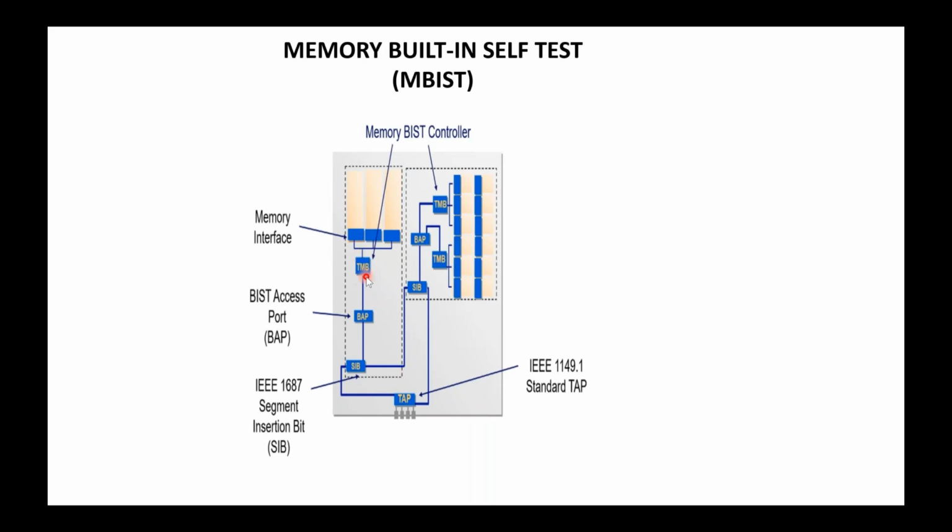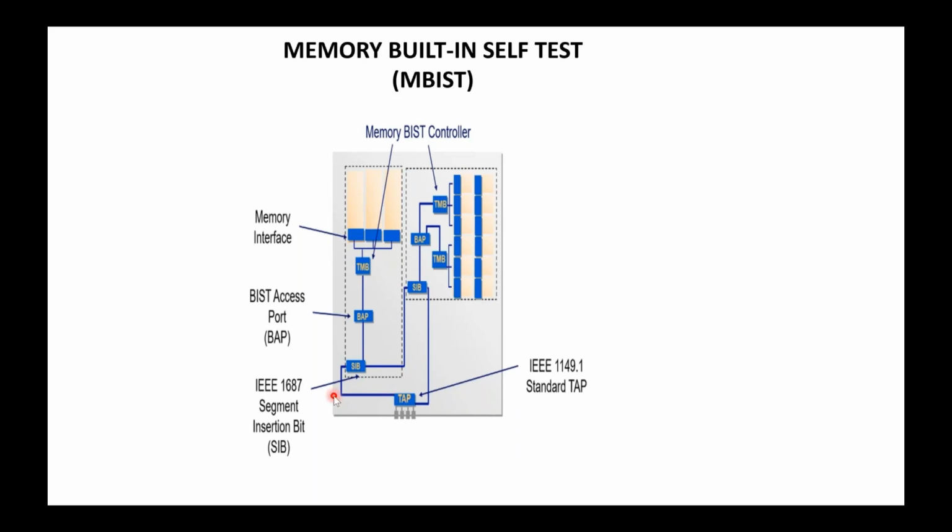This Memory BIST Controller is in turn controlled by the BAP. BAP is the BIST access port. The TDRs will be present inside this BAP. This BAP is in turn controlled by the SIB, and the SIB is in turn controlled by the TAP. From this TAP you will have the TDI.